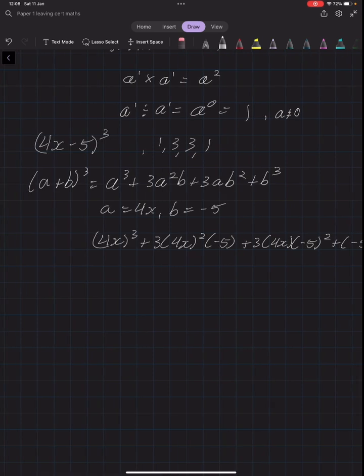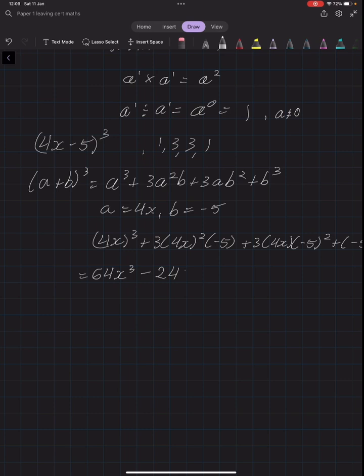So 4x cubed, 4 cubed is 64, x cubed is just x cubed. So here we have 1 minus, so it's just minus. If there were 2 minuses, it would be back to plus, but there's only 1 minus. 3 multiplied by 5 is 15. 15 multiplied by 4 squared, so 4 squared is 16, and 15 multiplied by 16 is 240.